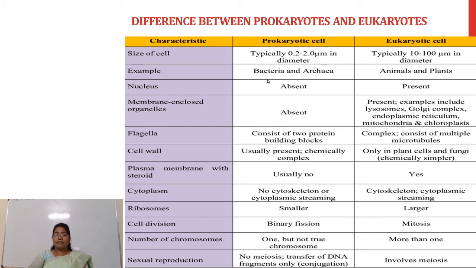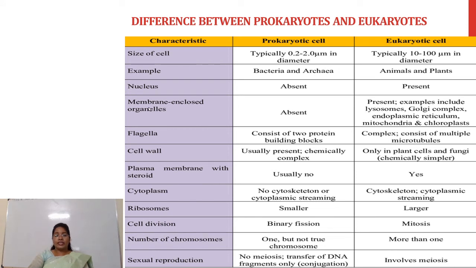Prokaryotic cells are present in bacteria and archaea. Archaea are the bacteria which are present in hot springs, etc. Eukaryotic cells are present in animals and plants. Coming to the nucleus, a well-organized nucleus is absent in prokaryotic cell but present in eukaryotic cell.